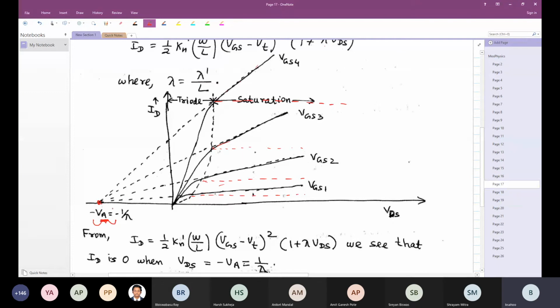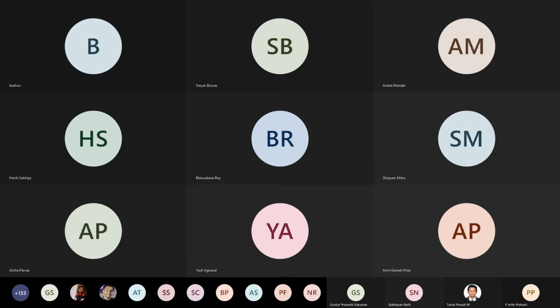So again, this VA, which is called the Early voltage, has no physical meaning here. It is not a constant. It is just a visualization for this, and correlating this plot with respect to BJT. When we discuss BJT, we'll also see a similar plot.